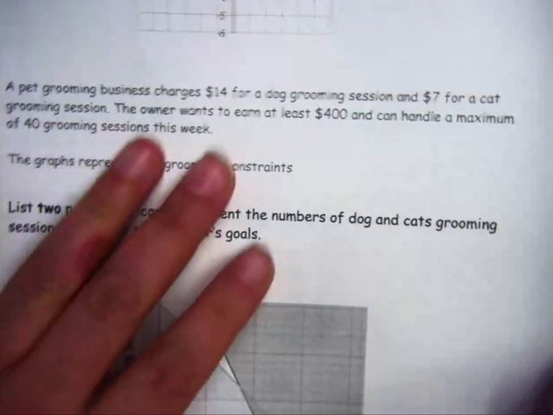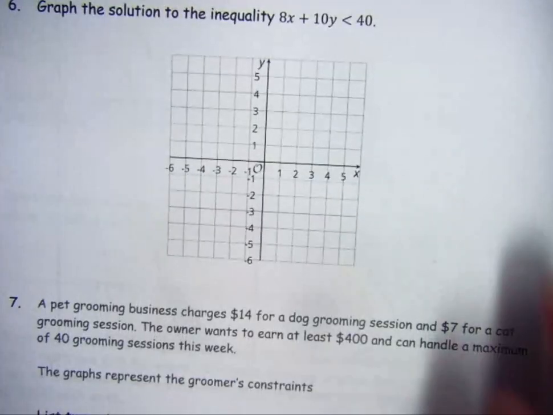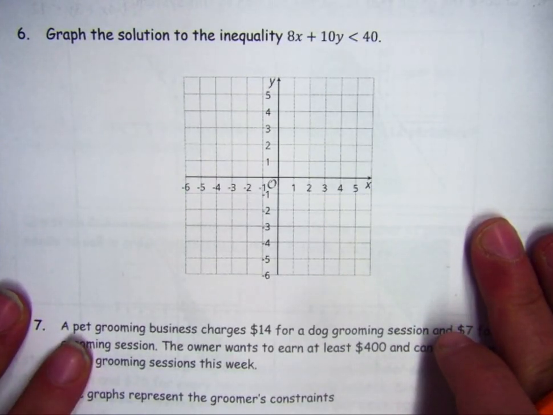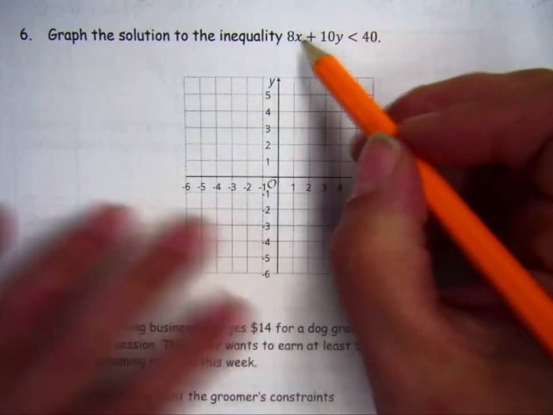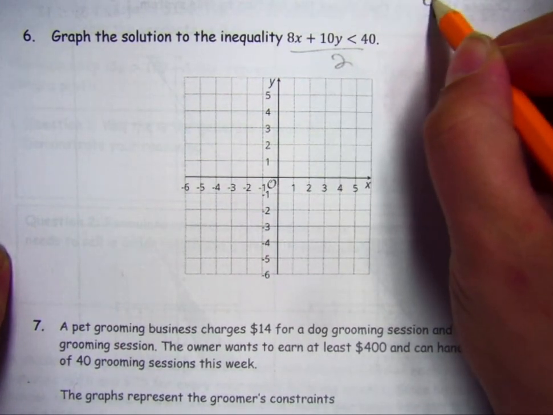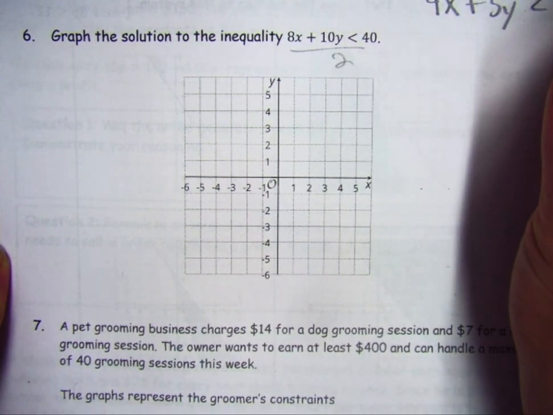So let's take a look at number 6. This says, graph the solution to the inequality 8x plus 10y is less than 40. Now again, this is all divided by 2. So I'm going to have 4x plus 5y is less than 20.